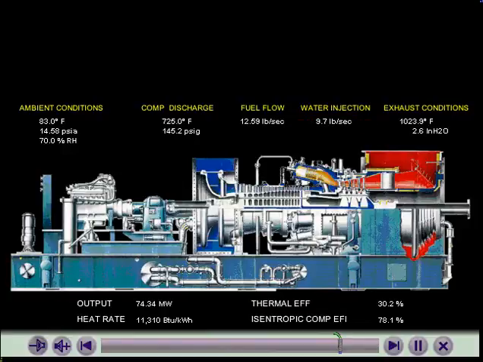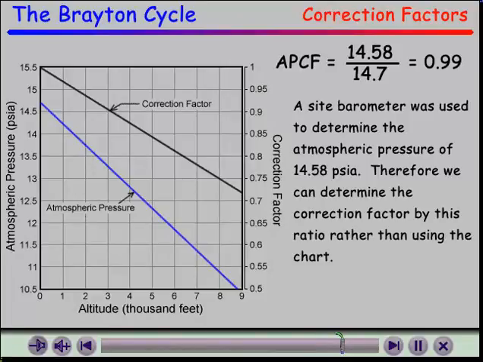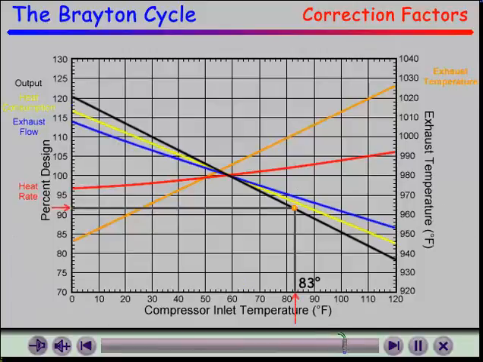Now we want to predict what our output and heat rate should be. We determine the atmospheric pressure correction factor for output to be 0.99. The correction factors for temperature we read from the curve are 0.92 for the output and 1.02 for the heat rate.